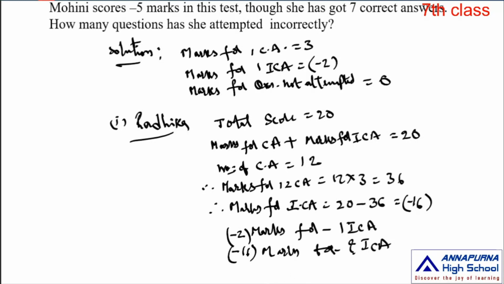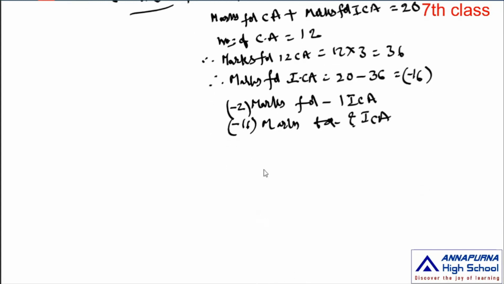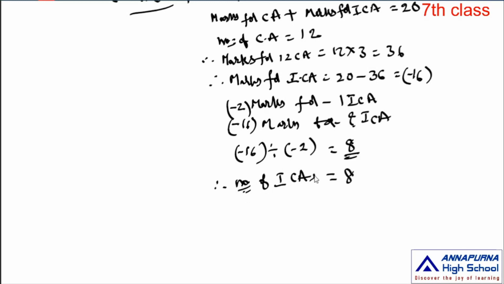How many incorrect answers did she get? You just divide minus 16 divided by minus 2, which is equal to, as we know that the quotient of two negative integers is positive. Therefore, 16 divided by 2 is 8. So, this is the number of incorrect answers. Therefore, number of incorrect answers she attempted is equal to 8.